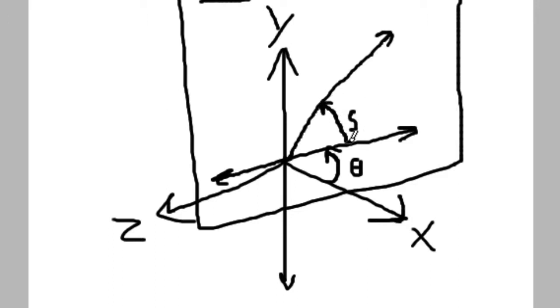Then you apply this angle to this base vector to change how far it goes up and down with respect to the y-axis. So this isn't really rotating with respect to the x-axis.